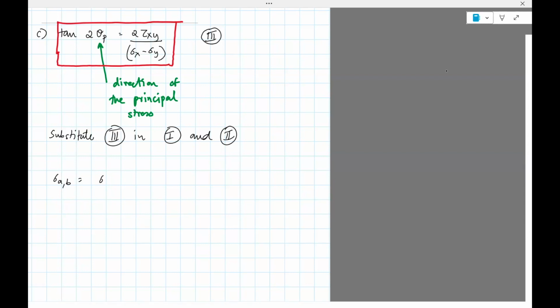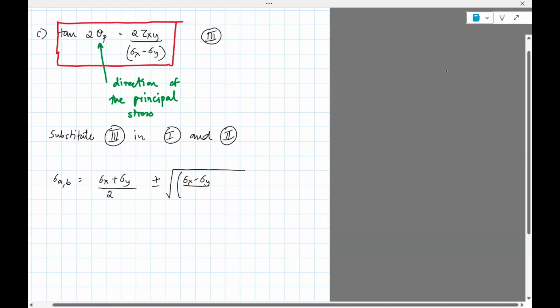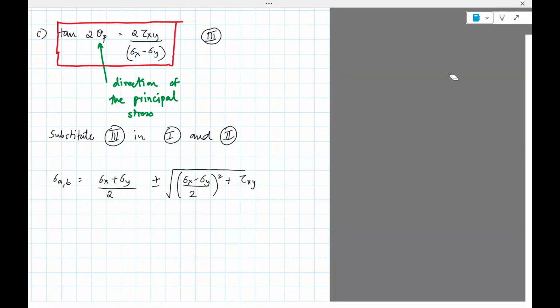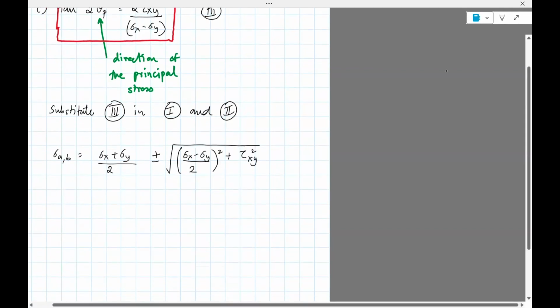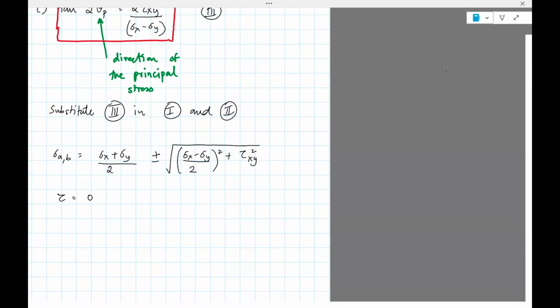It comes out to be sigma x plus sigma y divided by 2 plus or minus, so there are two principal stresses, the square root of sigma x minus sigma y over 2, whole thing squared, plus tau xy squared. And then the shear stress comes out to be actually 0.